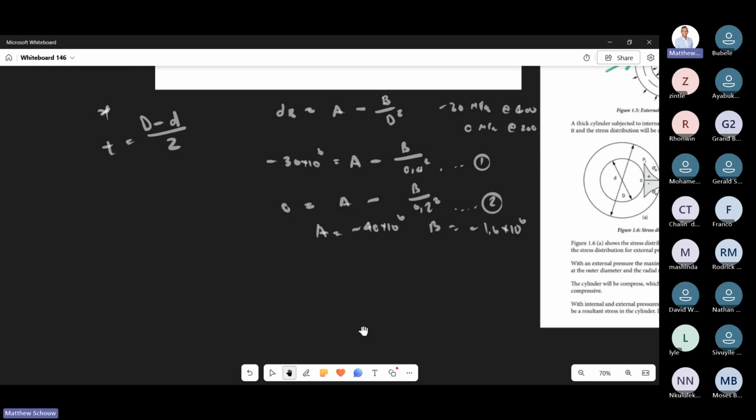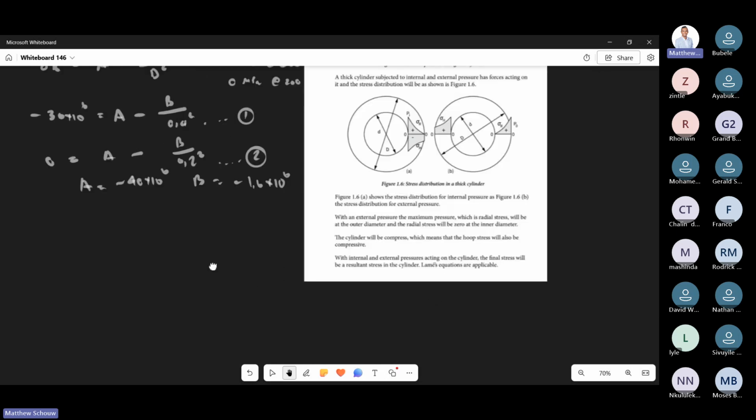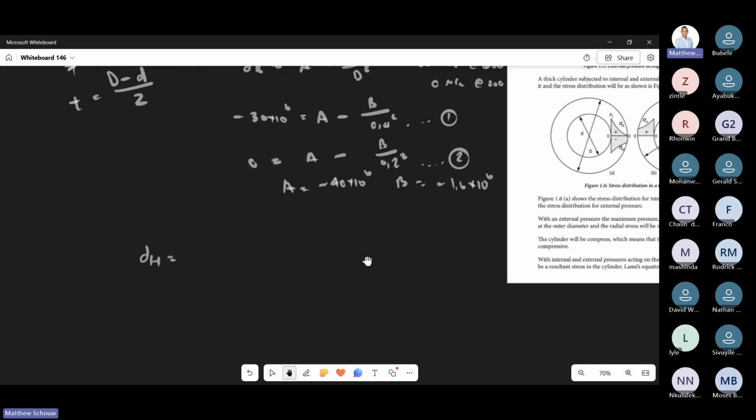Okay. Let me commence. Ms. Bono, are you with us? Let's find our hoop stresses. And we can just plug the values in. But we do know for external pressure, the maximum will be at the inner. Anyway, let our numbers talk to us. So we know this is A plus B over some diameter squared.